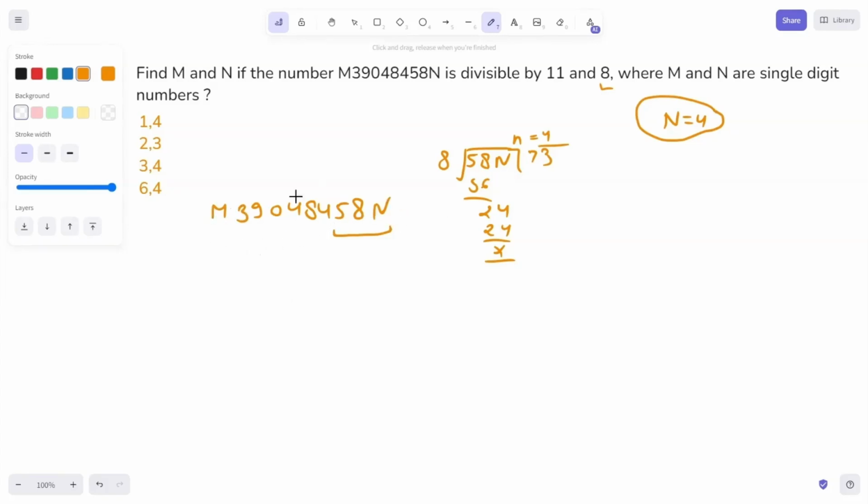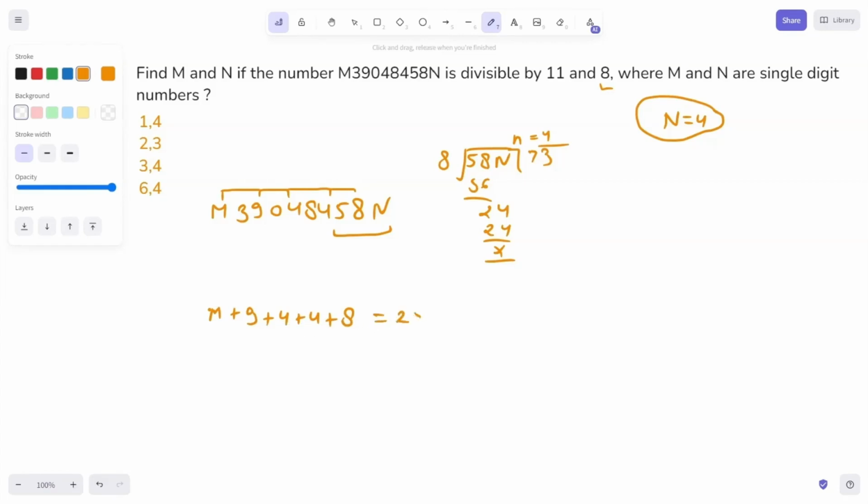Now let's apply the divisibility rule of 11 on this number. Firstly, we take all the odd position digits: m plus 9 plus 4 plus 4 plus 8, that is m, 9, 4, 4, 8. How much are these?